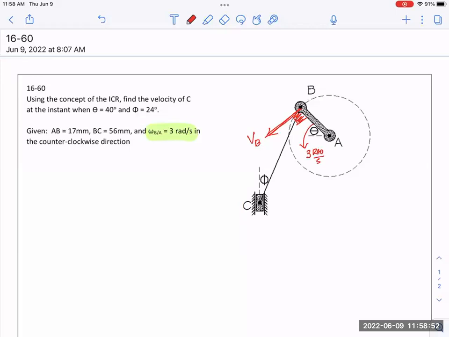As a result, that means C is actually going to travel downwards.